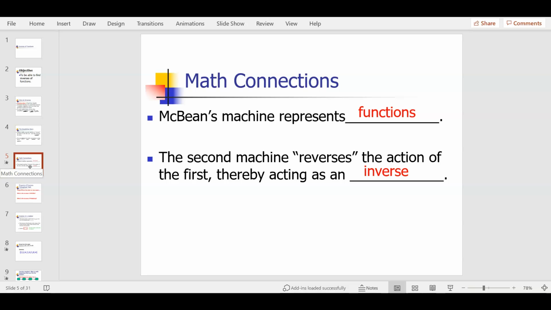The first top right box says McBean's first machine represents functions. The second machine reverses the first, thereby acting as an inverse. Write these two words in red on the top right and the second to top right boxes. We just started notes.